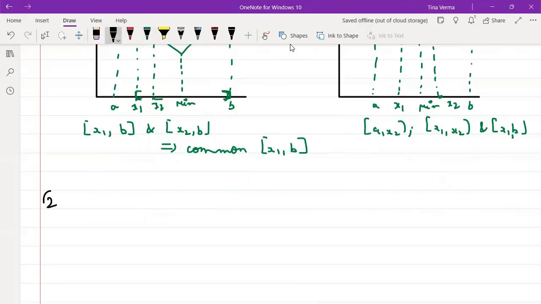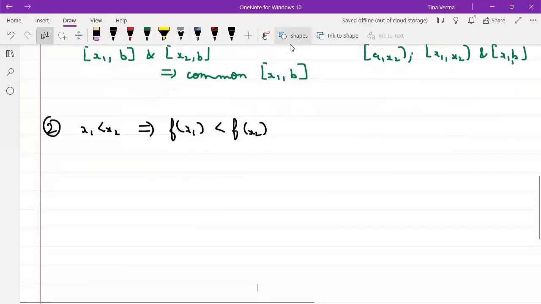Second case क्या हो सकता है, that x1 is less than x2 implies function's value at x1 is also less than the function's value at x2. So what can be the case here?